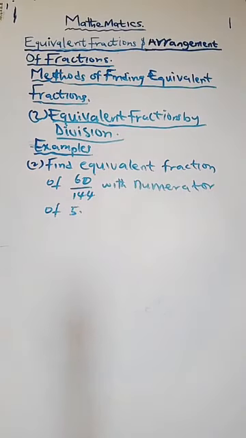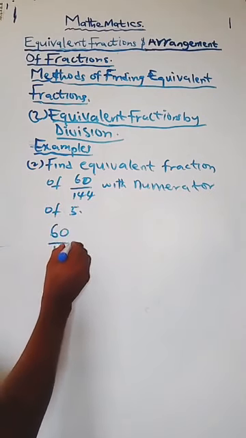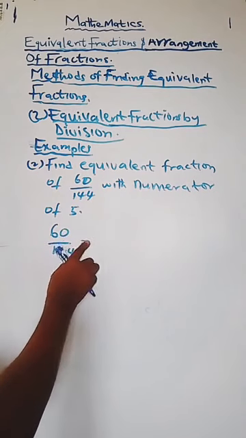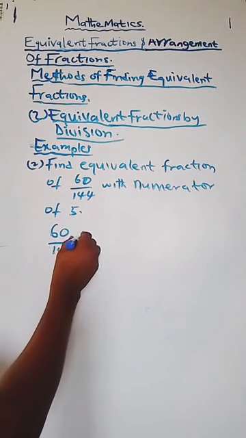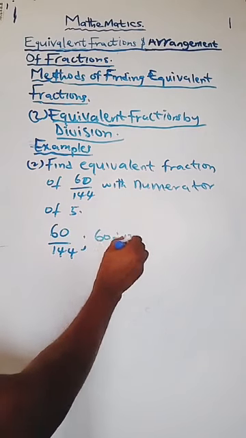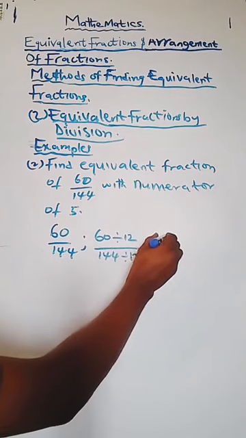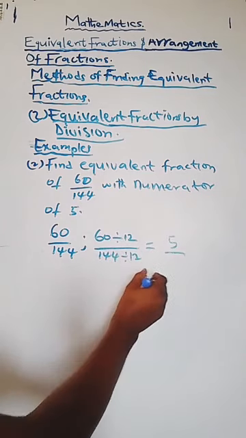What the question is asking us to do is to look for an equivalent fraction of 60/144 that will have a numerator of 5. So let's go. 60/144. We want a numerator of 5, so we have to divide 60 by what? By 12. So 60 divided by 12 over 144 divided by 12. 60 divided by 12 gives us 5, and 144 divided by 12 gives us 12.